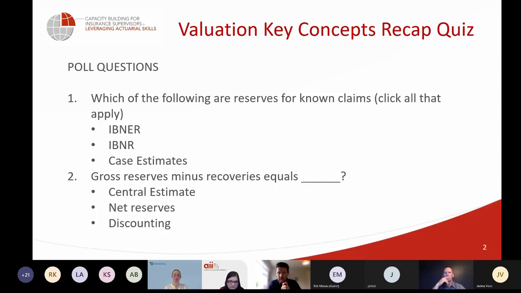You can have a gross central estimate and you can have a net central estimate. There could be a range, it could range between 50 and 170, and the central estimate might be, for example, 110. So a central estimate is meant to be the midpoint of the range, but that number could be gross or it could be net. So you can have a gross central estimate or you can have a net central estimate.